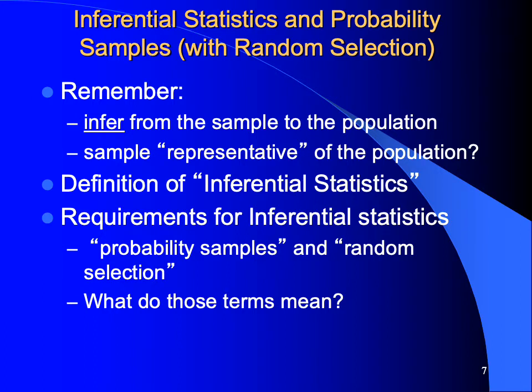But in order to use inferential statistics, where we can measure this error, in order to measure sampling error, we have to have something called a probability sample, where sampling elements are randomly selected from the population. You can't purposely select people. So the common sense definition right now is to think of it this way: in order to use inferential statistics to infer from a sample to a population, you need a random sample. Okay, you may have heard of that term.